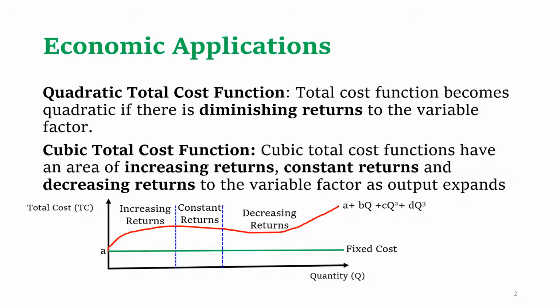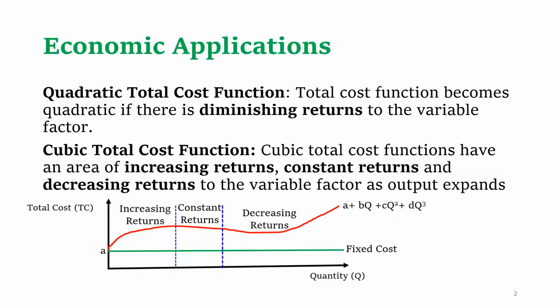The cubic total cost function has an area of increasing returns. As I said yesterday, it has an area of increasing returns, and then the graph starts to rise, attains a maximum and then tapers off. The point where it tapers off represents constant returns. And the point where the graph starts to rise again represents decreasing returns.